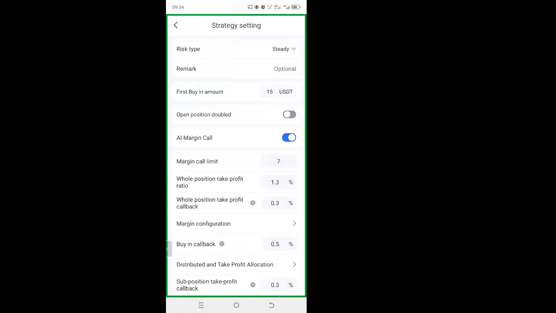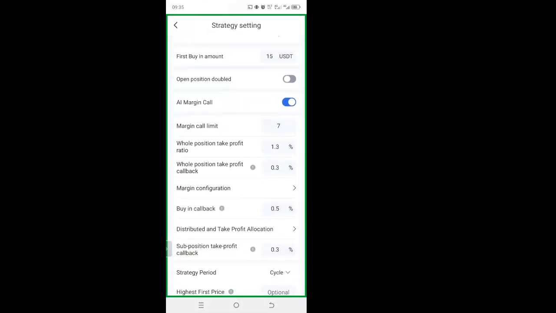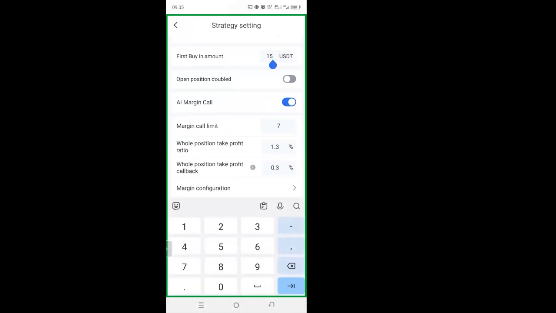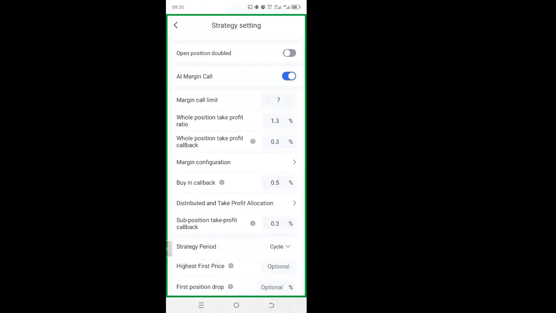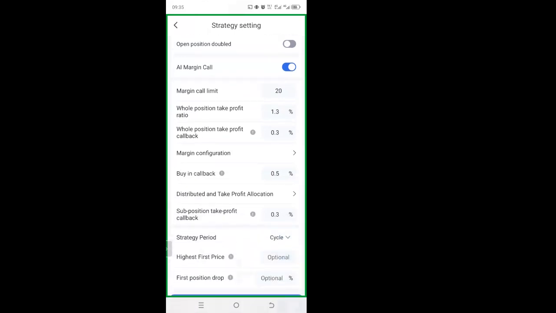If you have a strategy for 1,000, put your first buy in, put your 20 margin call limit. You can say, I want to use 15 or let's say 20 margin calls.